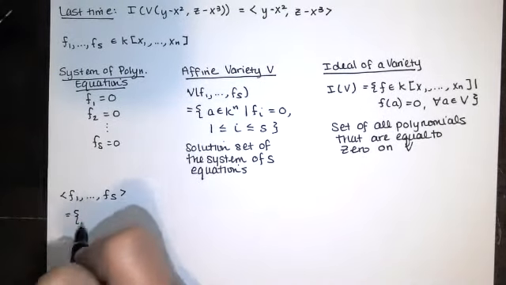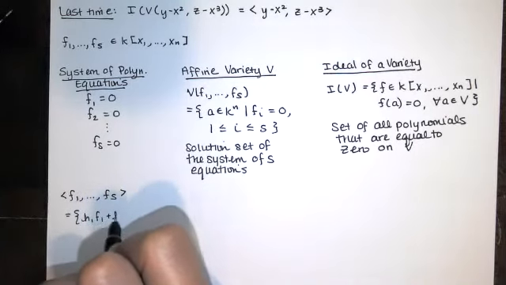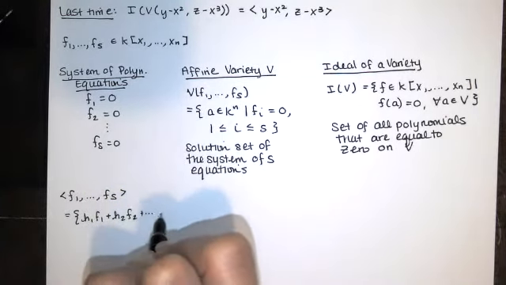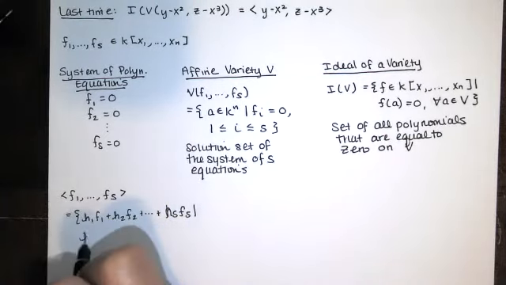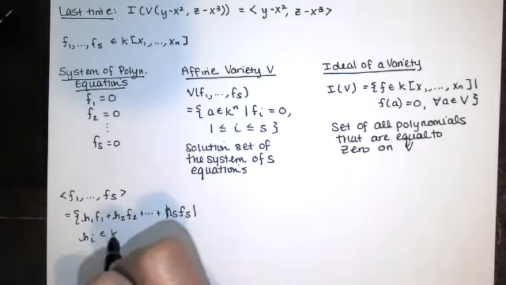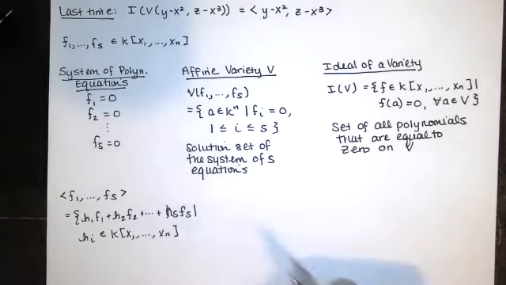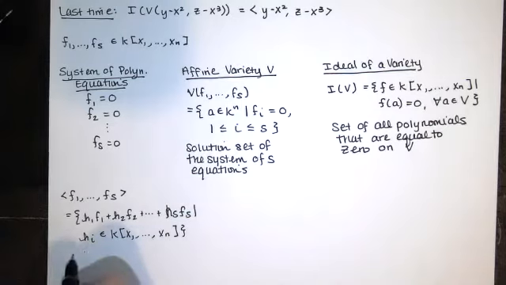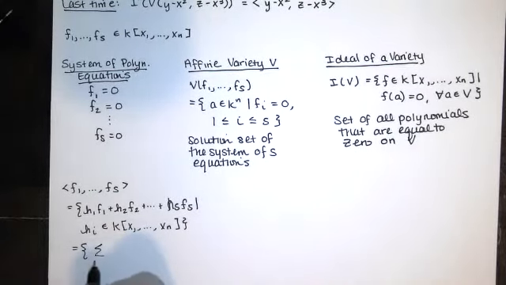And this is the set of all polynomials of this form, h1 times f1 plus h2 times f2, all the way through h sub s times f sub s, where the h sub i are all just generic polynomials in our polynomial ring. And of course, we tend to simplify that notation rather than writing out that sum. We're just going to write this instead. It means the same thing.